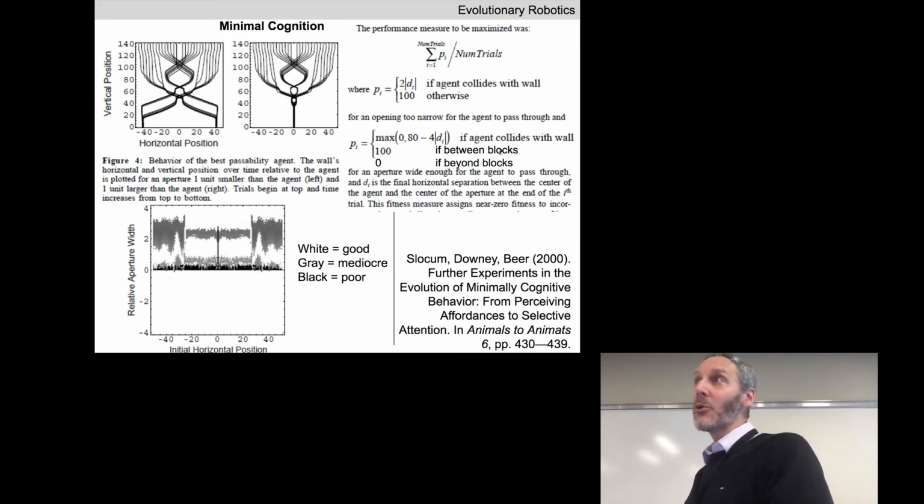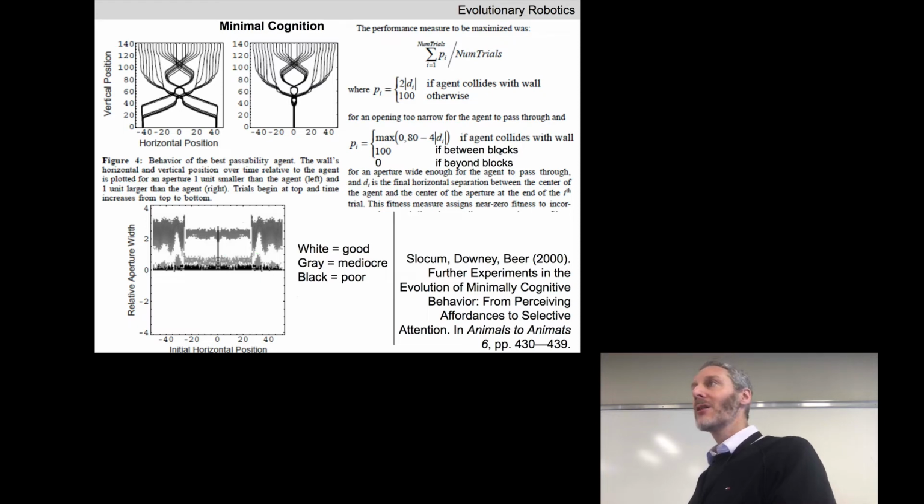You should either run away or get between the pair of objects. You should never be hit by the objects. If this was an optimal robot, this entire figure would be white, right? If it was the worst possible robot, the entire figure would be all black. It's mostly white, so it's mostly doing the right thing.